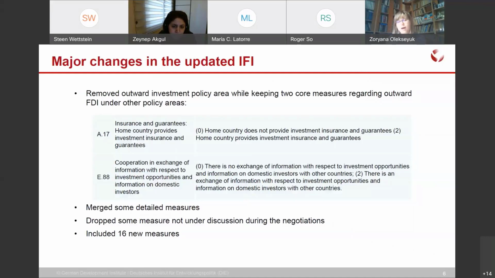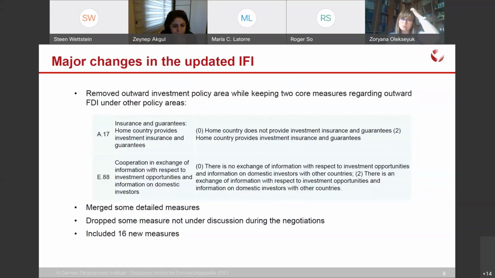And we dropped some measures that are not under discussion at all and will not probably be included at all. Instead, we included 16 new measures that actually popped up quite surprisingly. We thought we had almost everything covered, but still, after communicating, we found new measures that we had to include in our data set.